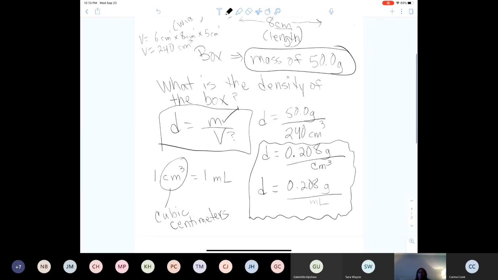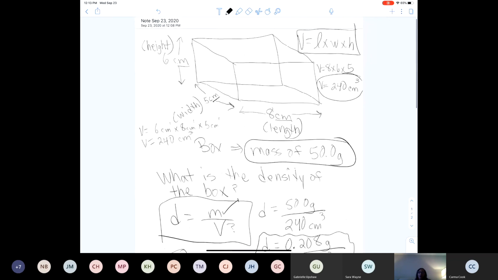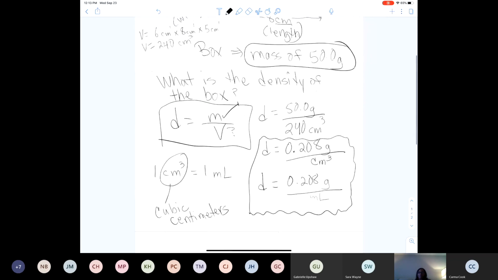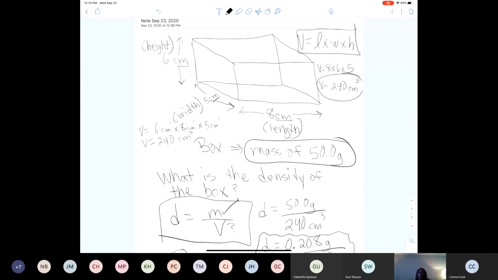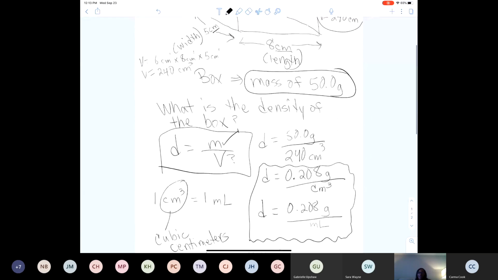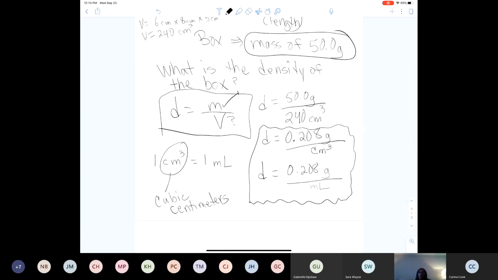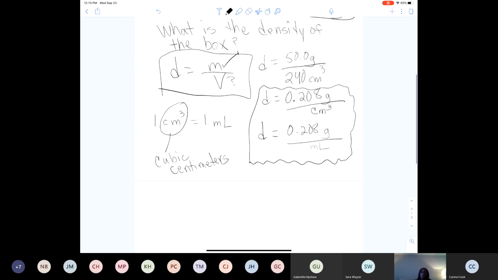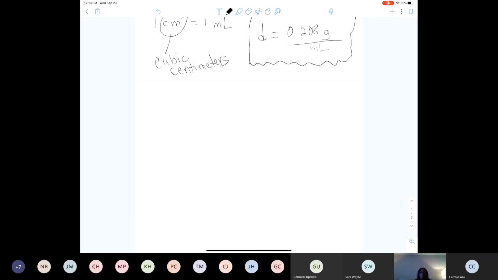Okay. So you won't be asked anything harder than this about density. You may be asked to calculate the density of a box given the dimensions and the mass, or you may be given the mass and the density of a substance and asked to calculate the volume, or given the volume and the density and asked to calculate the mass.